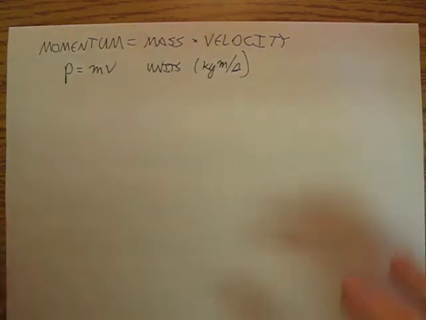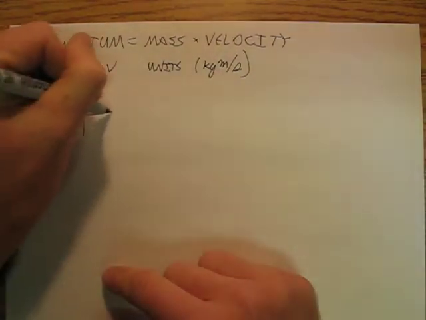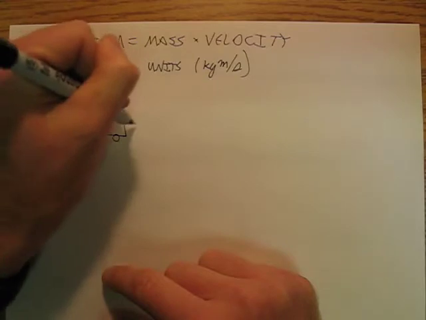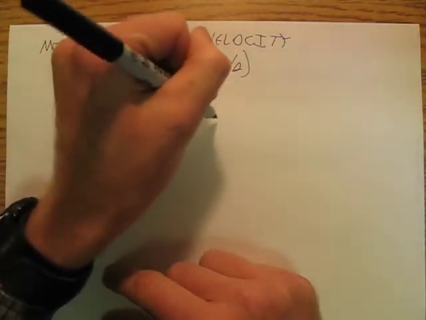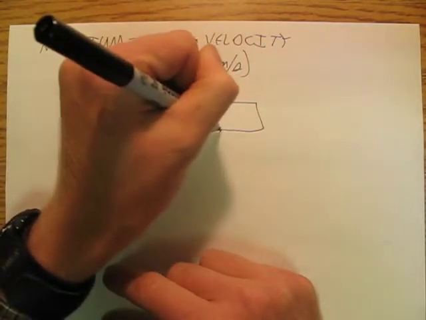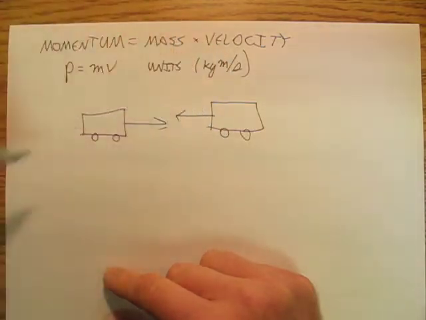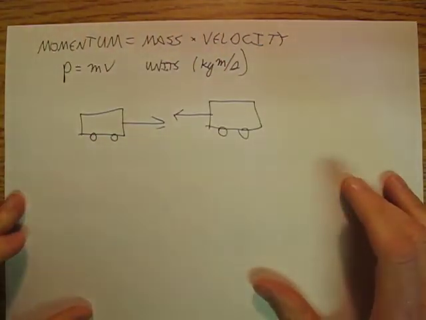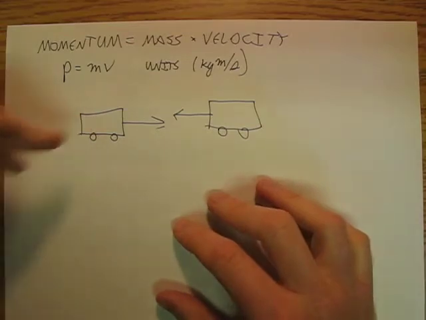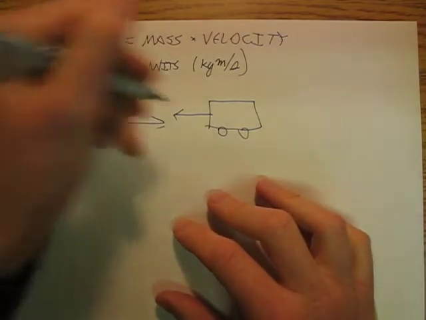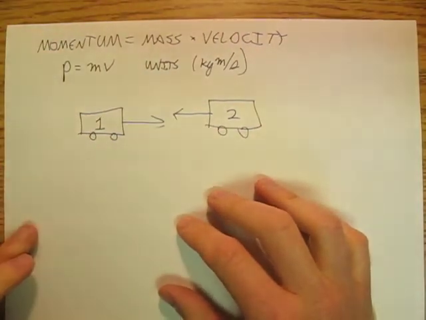Okay, but as I said, what we really want to talk about is collisions between two objects. And in this case, we're going to have our little carts. We're going to call this object 1 and call this object 2.